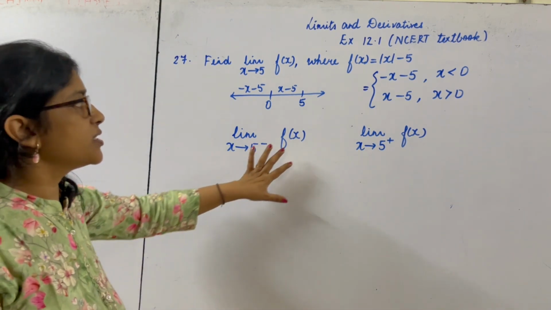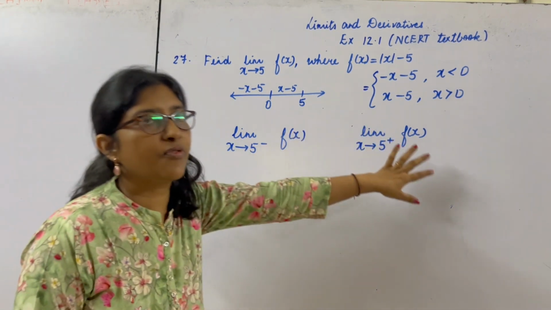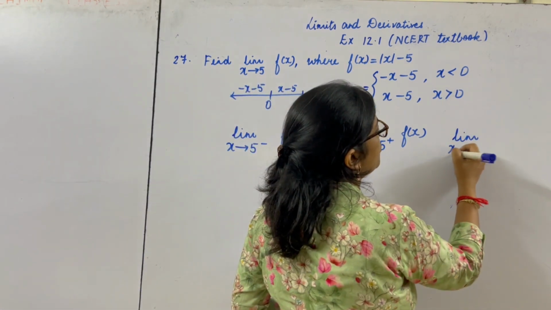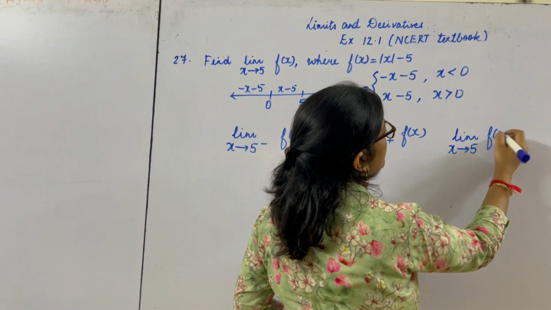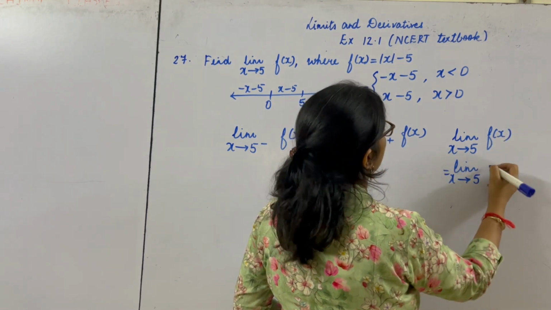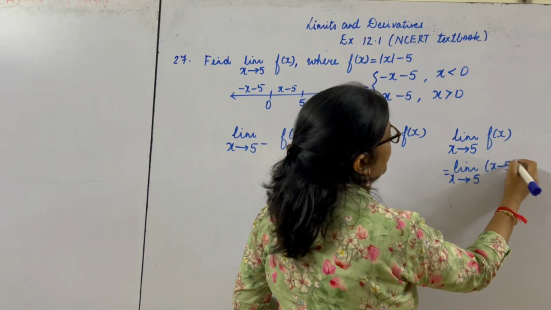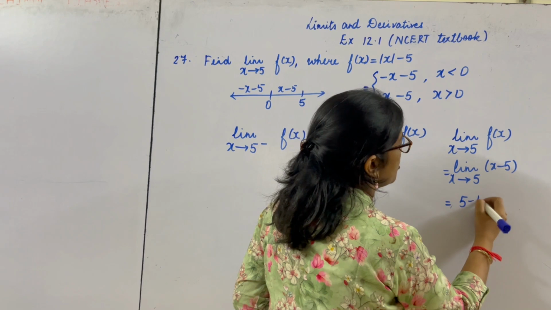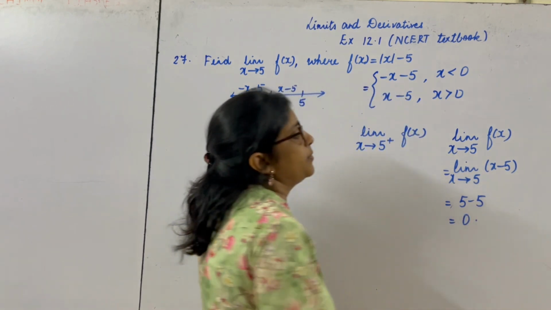So it is going to be the same. Whatever f(x) you write here, the same f(x) will come here. So this question can also be done like limit x tends to 5 of f(x), because it is not different at 5.